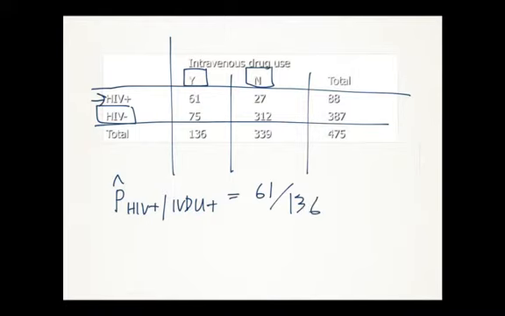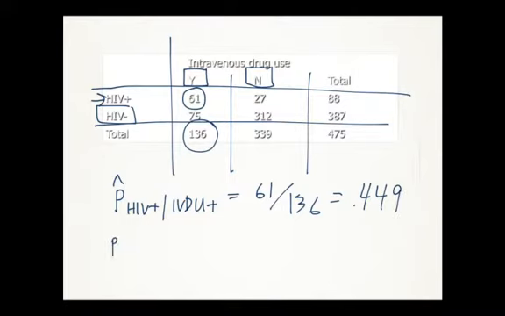So 61 people both are HIV positive and use intravenous drugs out of a total of 136 intravenous drug users in our sample, and that turns out to be 0.449, which is 44.9%.